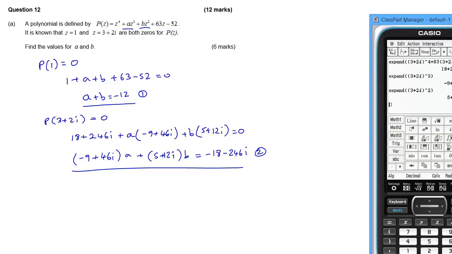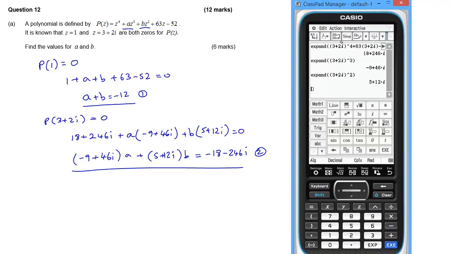And then we can solve that on the calculator. So let's just clear off for a second. And we need the simultaneous equation solver, which is here. So I'm going to put in x add y equals negative 12.